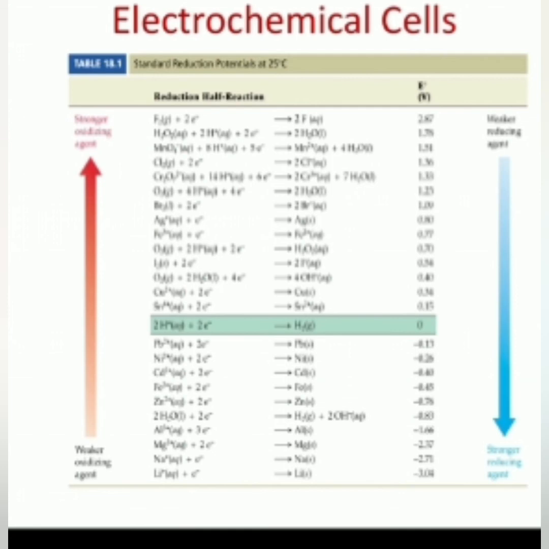And for H2O, the reaction is O2 plus 4H+ plus 4 electrons to give 2H2O, and the value of electrode potential is 1.23.